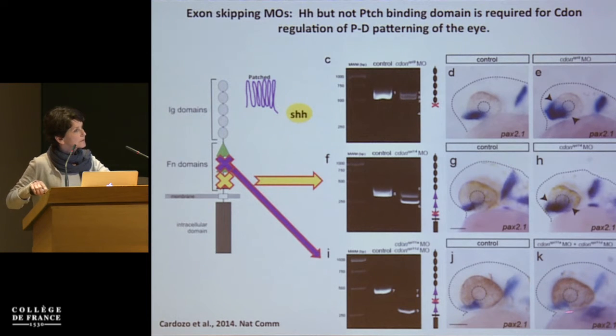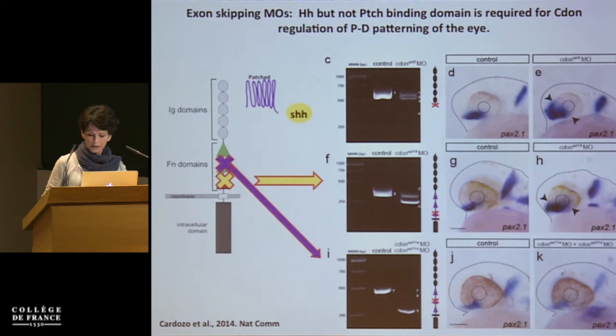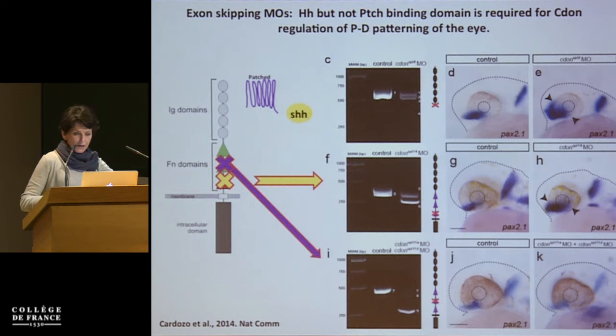In this case, the phenotype of the morphant embryos is very similar to that of control, suggesting that the Sonic binding to Kidon is important for balancing proximodistal patterning of the optic vesicles, whereas the Patched binding domain is not relevant.